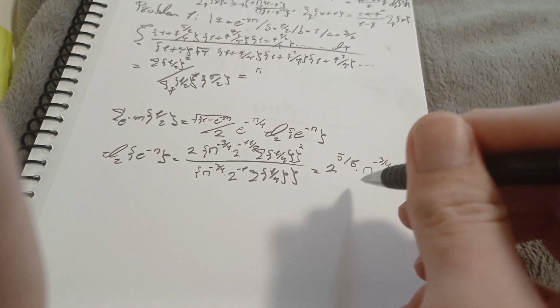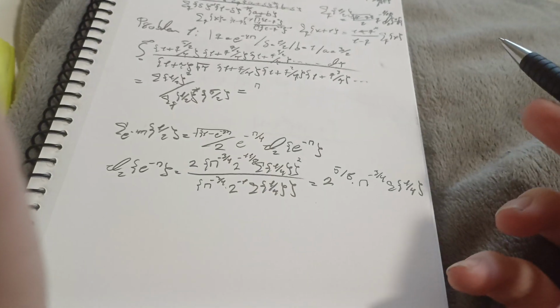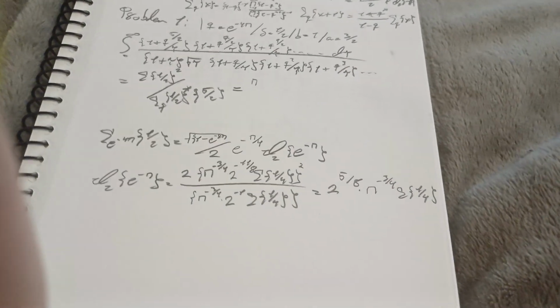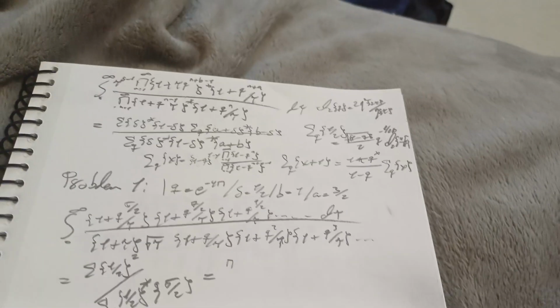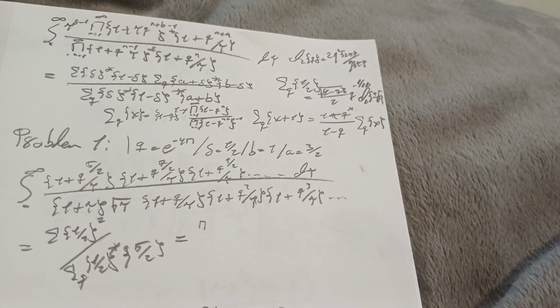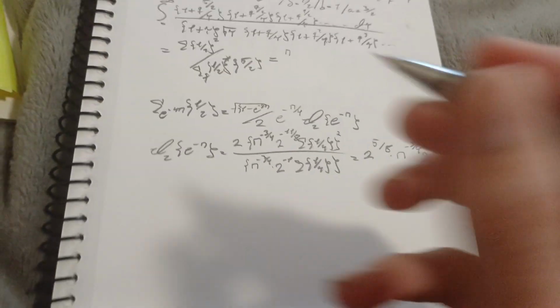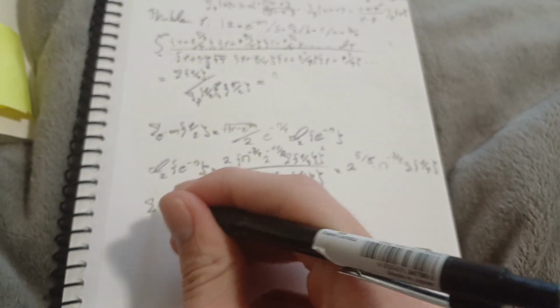Okay, now we have calculated these values. We know what this is. Now we just need to know the value of 5 over 2. But that's going to be simple because we have this addition formula. Okay, so let's see how the addition formula is going to play out.